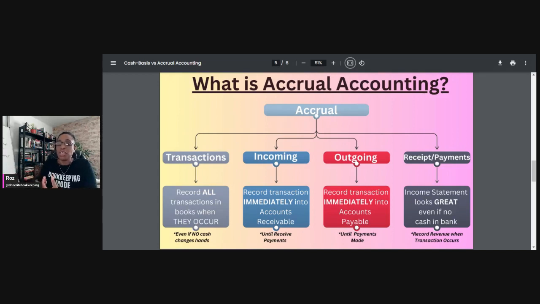Did you actually receive the payment for that product or service at the time? But it's going to appear on your income statement as if you did, because it's considered revenue. So record revenue when the transaction occurs. Okay, so that's going to be considered your revenue.